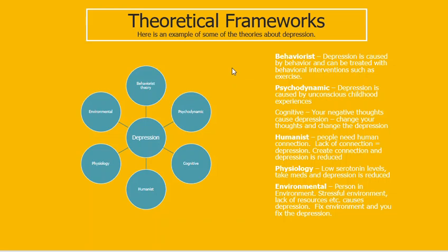So I would set up a study and say, if an individual does exercise, will that reduce depression? So my theory would be a behaviorist theory, and depression, which is my dependent variable, will change with my independent variable, exercise.